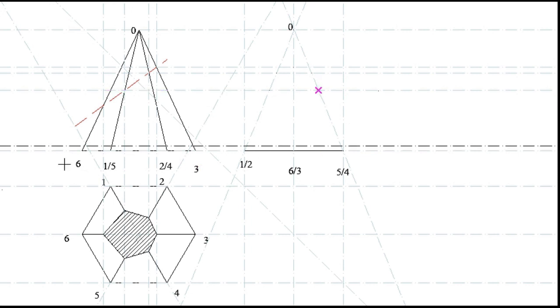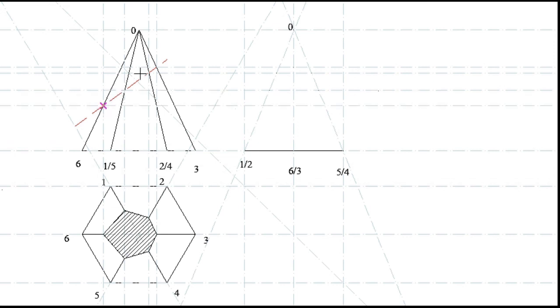Then again I go to my front view and project point number 6. Now I look for number 6 in the left view, and number 6 is found in this line. Where it intersects with this one, I place a point. Now I will take my ruler and join all these points together.